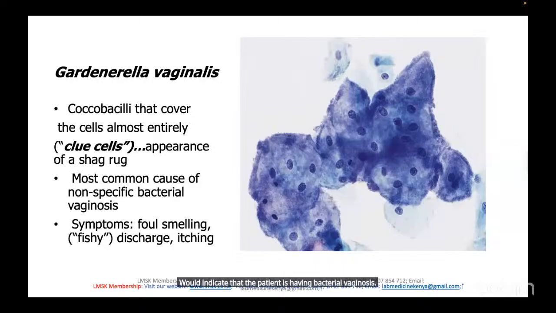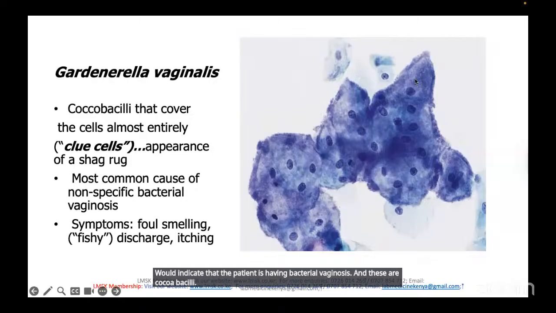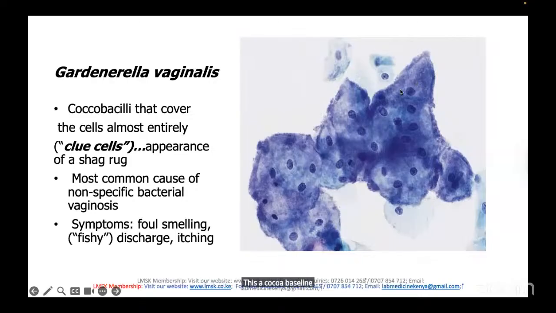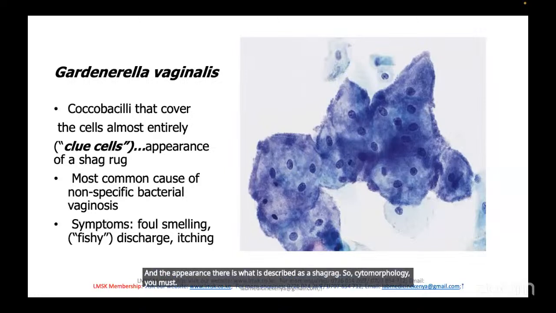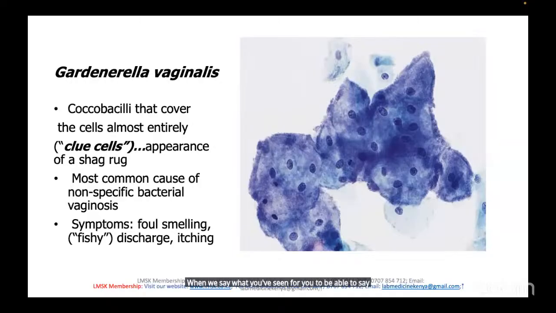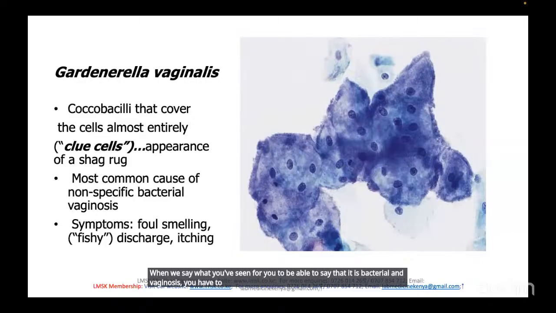And these are coccobacilli laying on our superficial cells, and the appearance there is what is described as shag rag. So in cytomorphology, you must always say what you've seen for you to be able to say that it is bacterial vaginosis. You have to describe the cells, the appearance of what you see.